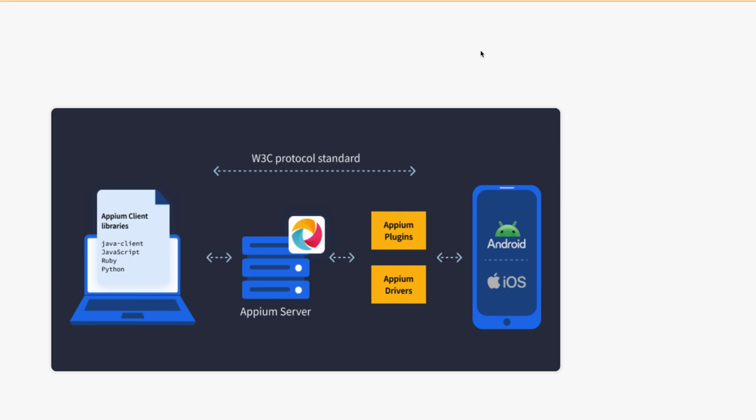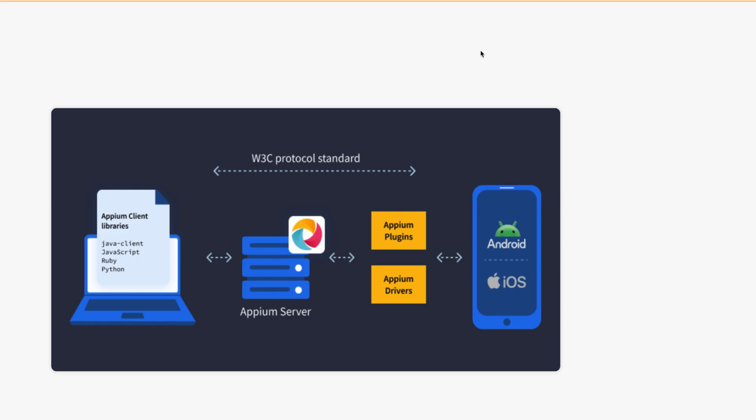Before that, the Appium client-server architecture. As we know, Appium supports different client coding languages for automation code, like Java, Python, Ruby, or C Sharp. Client libraries send the request.